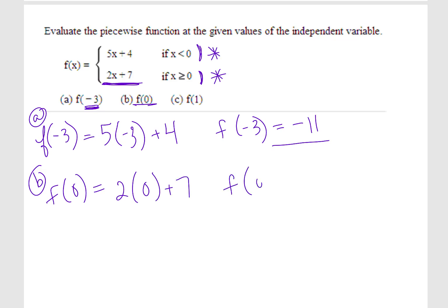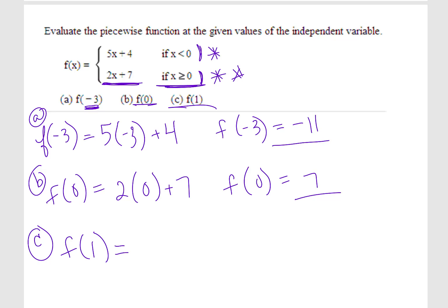So F of 0 equals 7. And then C, F of 1. And again, that would meet this criteria, so we're going to follow this portion. 2 times 1 plus 7, F of 1 equals 9.